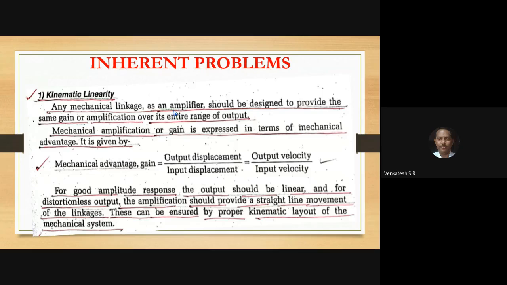The mechanical gain is defined as the ratio of output to input, whether it is RPM, displacement, or velocity. So all of you observe here, mechanical gain or advantage is equal to output divided by input.